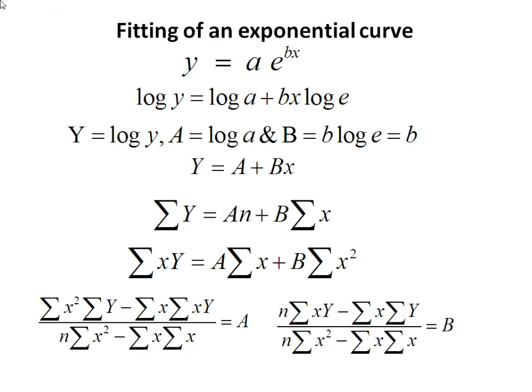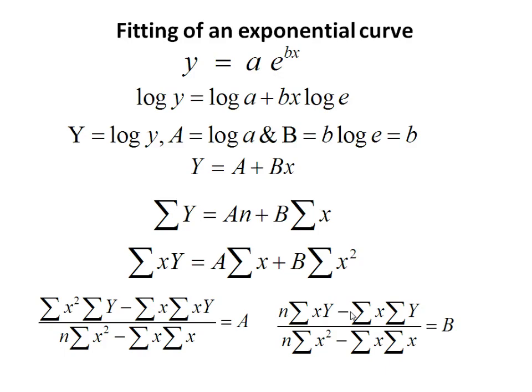So the equation becomes Y is equal to A plus Bx. According to the method of least square fitting, the normal equations can be written as summation Y equal to A n plus B summation x. Here n is the total number of values of x, and the second equation is summation xY is equal to A into summation x plus B into summation x square. So from these two equations we can get the values of capital A and capital B.